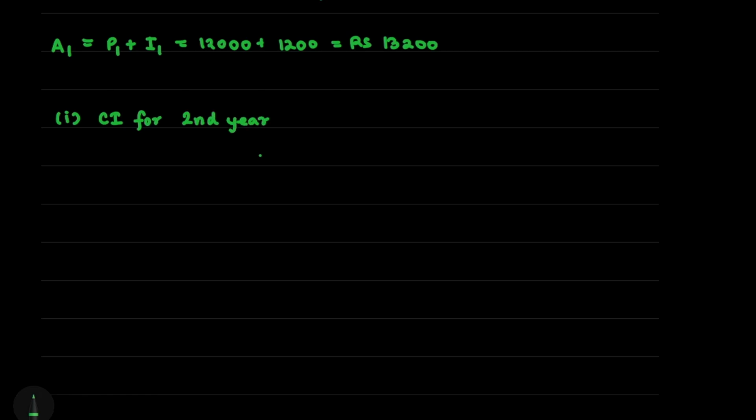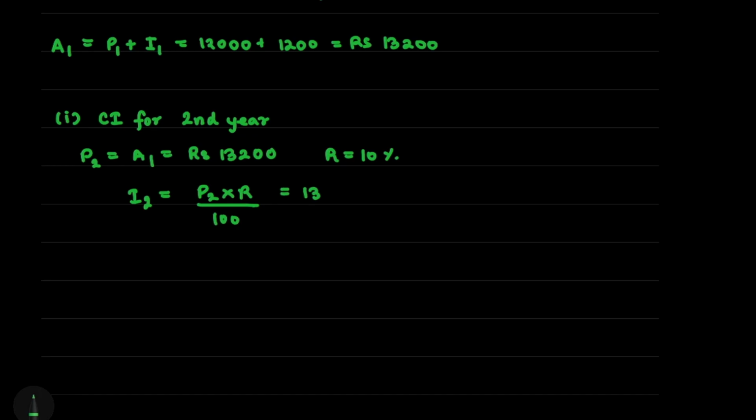And here we need to understand that the principal for the second year would become the amount from the first year, that is rupees 13,200. Our rate would remain the same, and that is 10%. So our interest for the second year, that is I2, would be P2 into R by 100, and that is 13,200 into 10 by 100, and this comes out to be 1,320.